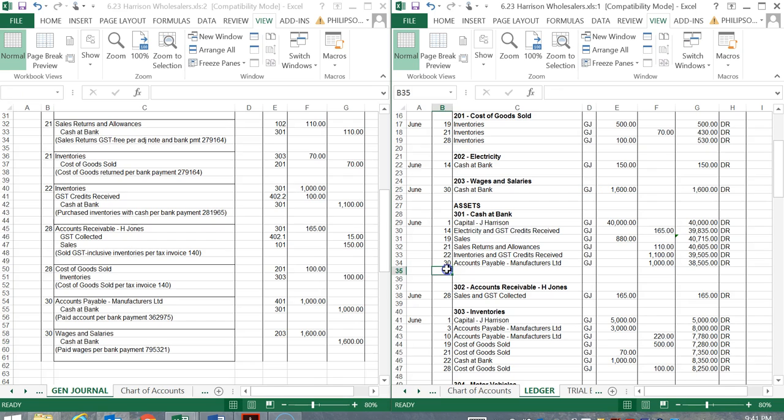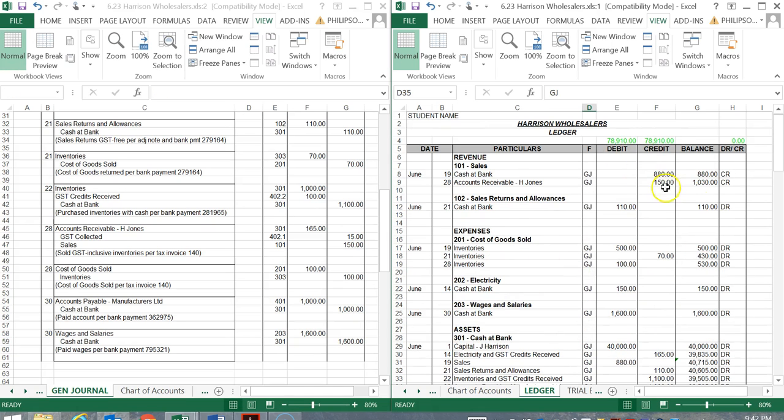Cash at bank going down. 30th again. $1,600. Subtract that from our balance. And our particulars are the other side of the journal entry. Wages. Folio. And done and done.